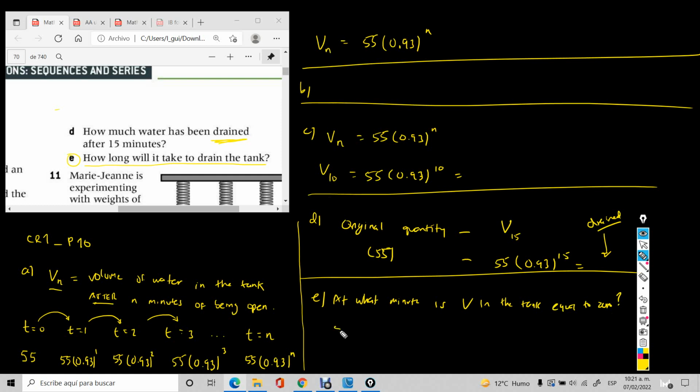So let's substitute: you want the volume in the tank to be 0. And this is an impossible equation to solve, because this number can never be 0 and this is not 0, right? So the multiplication of these two numbers will never be equal to 0.